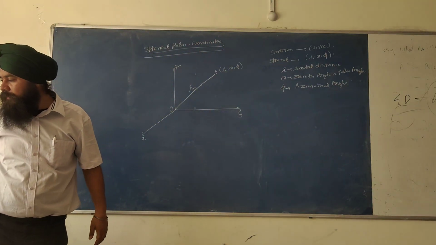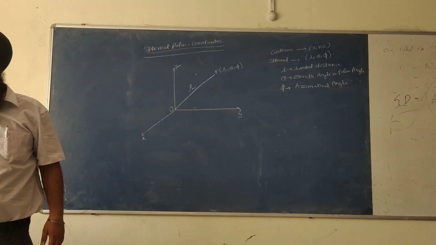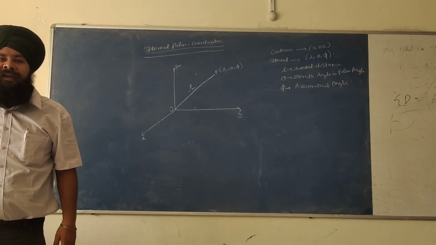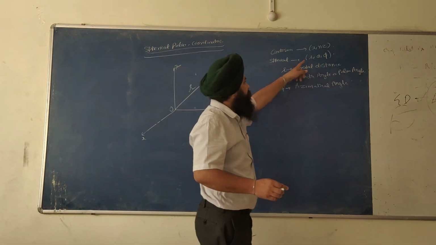So next point is, if r, theta and phi are called spherical polar coordinates.